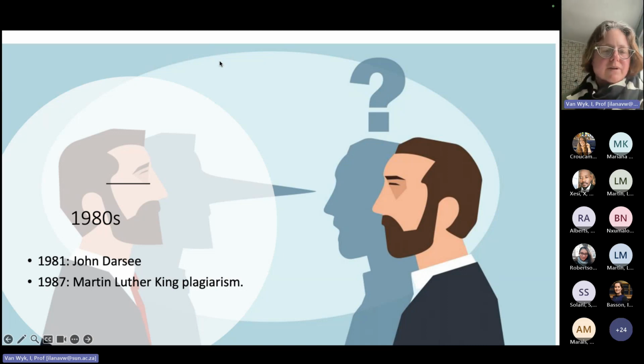And in the subsequent years, we saw more and more scientists being found out for making up data, for manipulating their data. And very famously in 1987, a number of scholars showed that most of Martin Luther King's PhD thesis in theology was plagiarized, and the question started being asked about what we do with this kind of work.